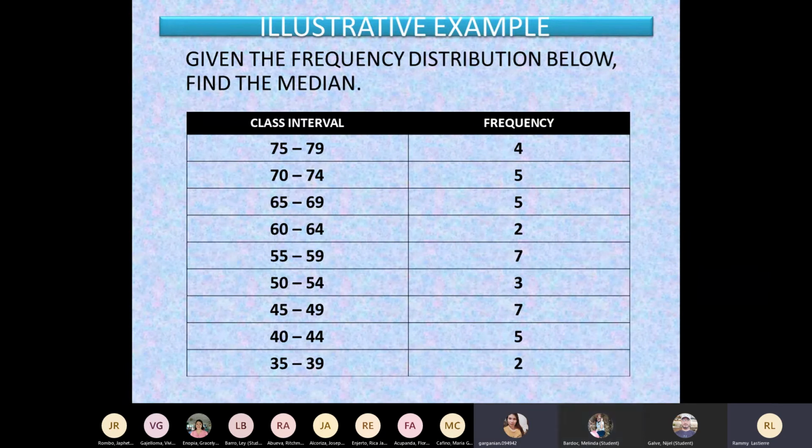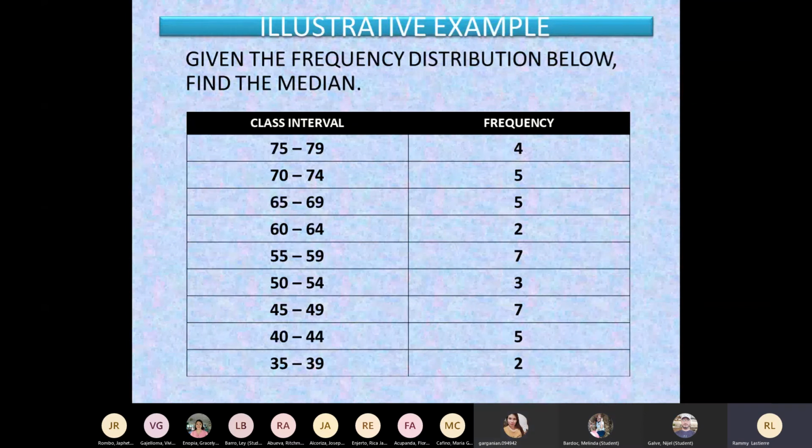So the total of these frequencies is your N. It is 40. That is your big N, the population.